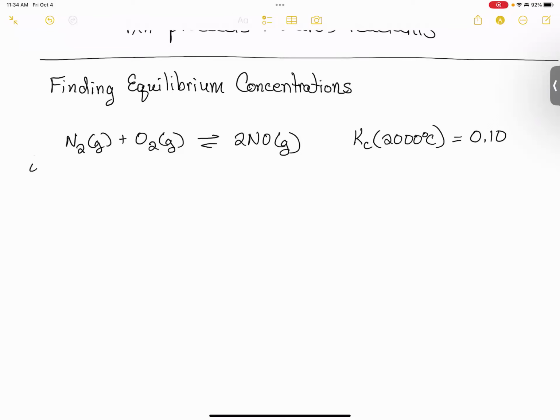If you are initially given the concentrations of 0.200 for N2, 0.200 for O2, and none of your NO, I want to know the concentration of each species at equilibrium.